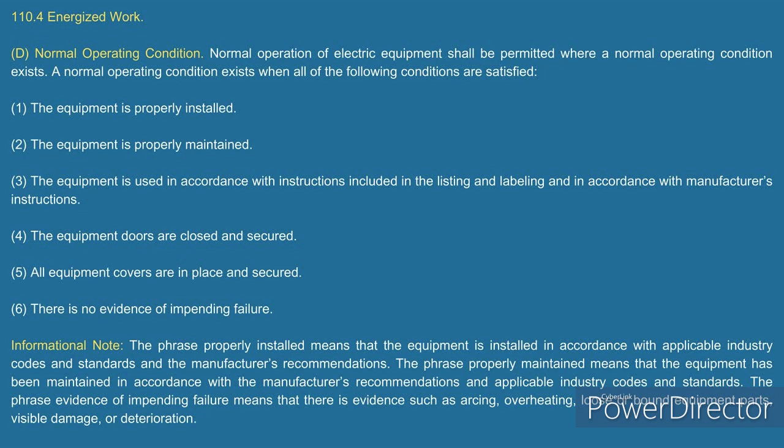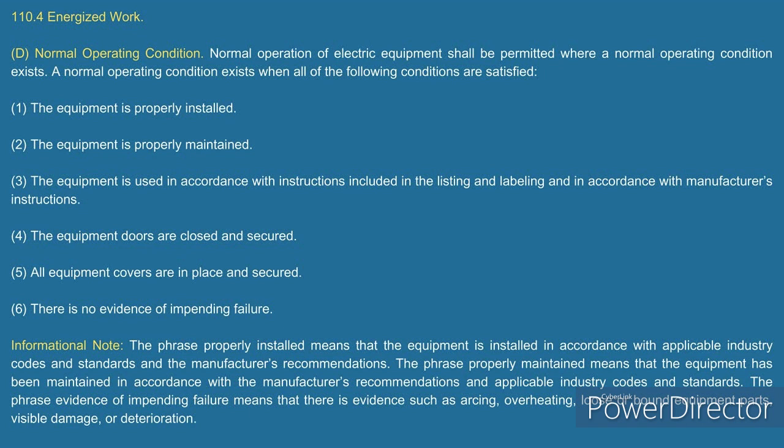Before I do that, I want to look at the informational note, because it tells you the phrase properly installed means that the equipment is installed in accordance with the applicable industry codes and standards and the manufacturer's recommendations.